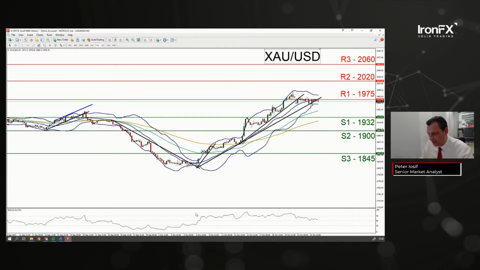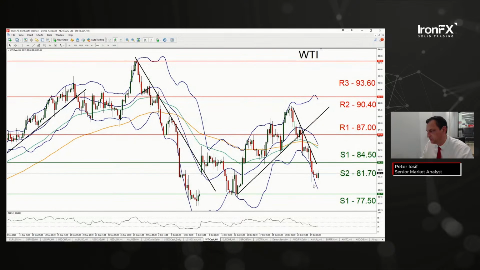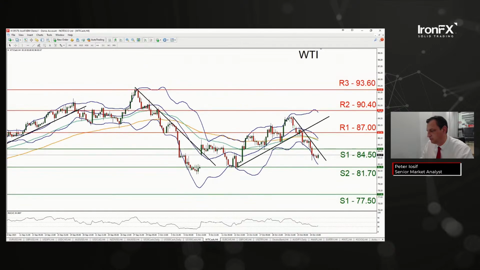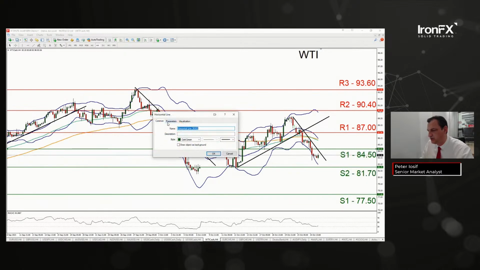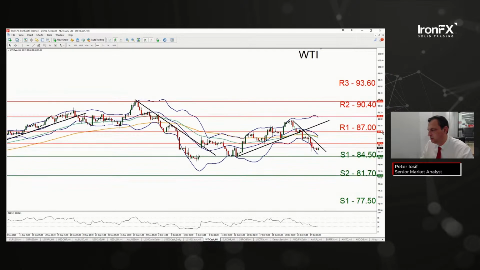Okay, let's have a look at WTI, which continued to drop, by the way, and was very interesting. We extend now our downward trend line and have to correct also the S1 as it has been broken, turned into a resistance line, locking it in.